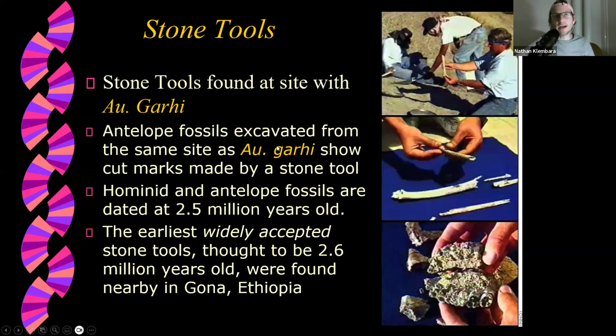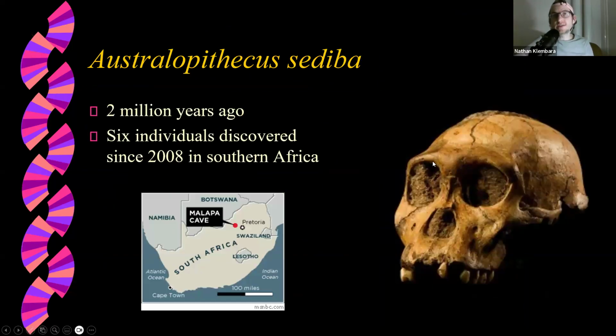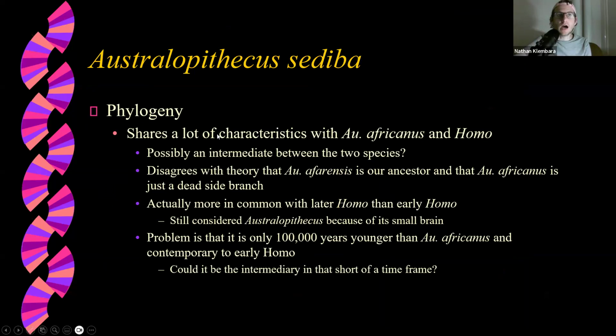So that's garhi. Another species that we more recently found, in 2008 from South Africa, is Australopithecus sediba, and this dates to about 2 million years ago. It has a lot of traits that are similar to Africanus. That makes sense because Africanus was also in South Africa, so it's probably descended from Africanus. But another really interesting thing is that it also shares a lot of traits with early Homo.